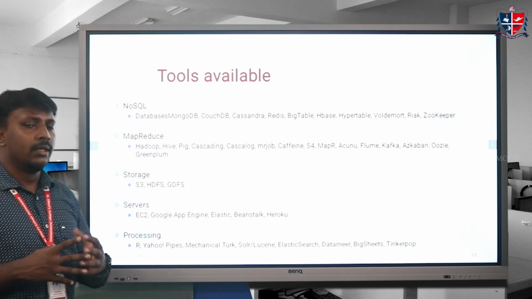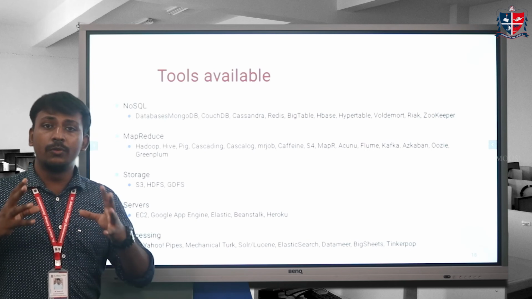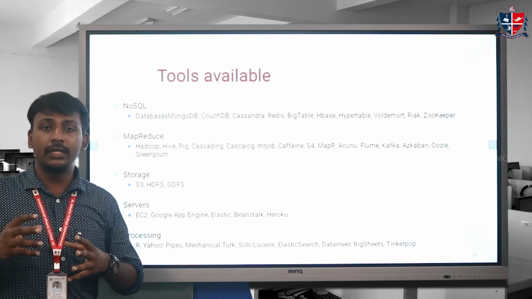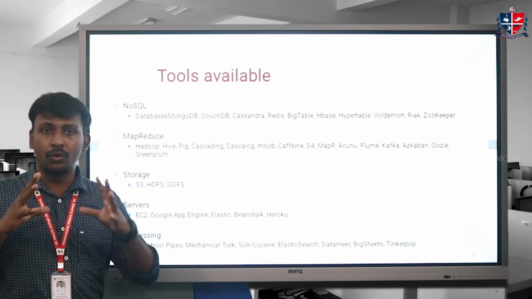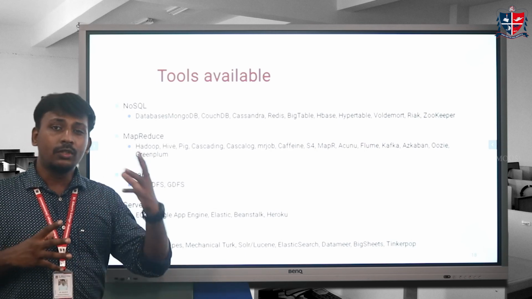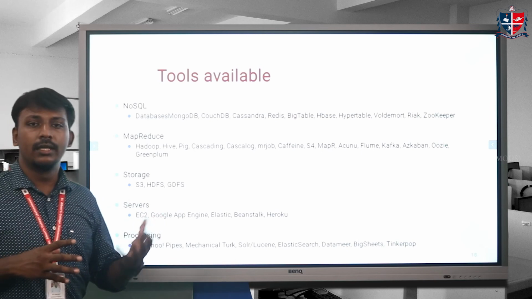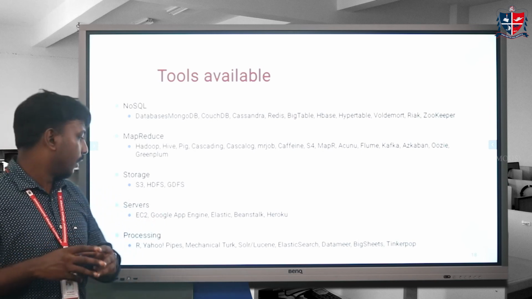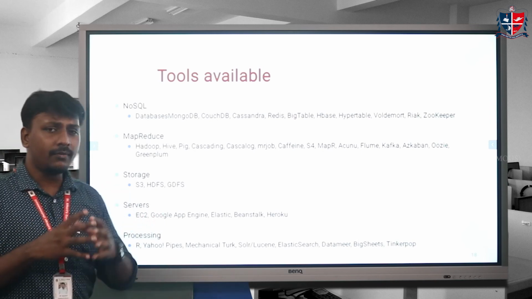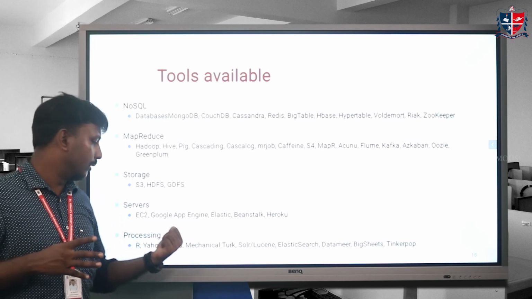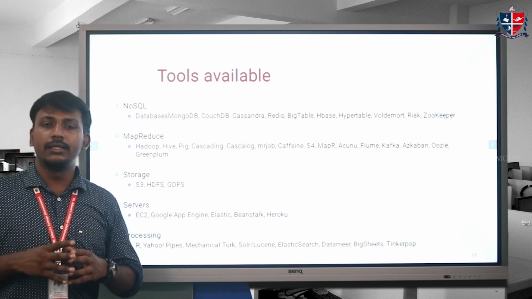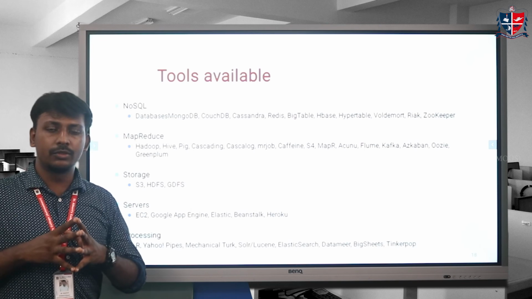And storage. We have a huge volume of data. We have to store it efficiently and we have to read it efficiently. For both purposes, we use storage methodologies. One of the major examples is HDFS, Hadoop Distributed File System. And coming to servers, so many are available, like EC2. EC2 is one of the major servers provided by AWS, Amazon Web Services.